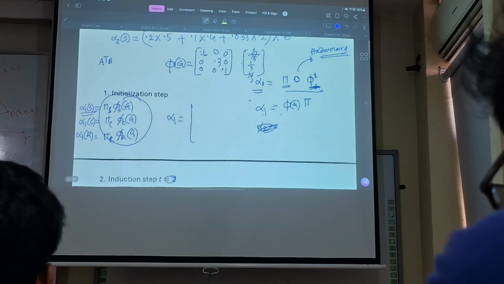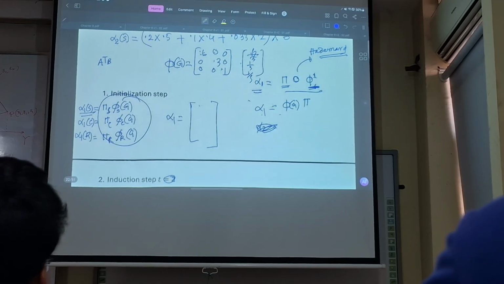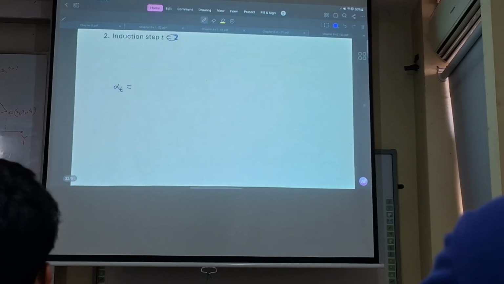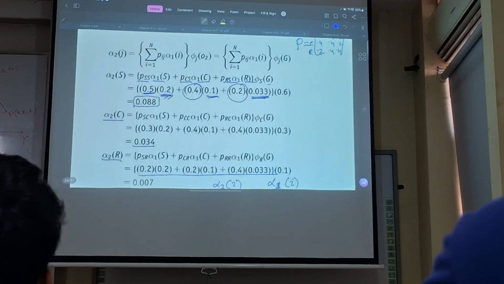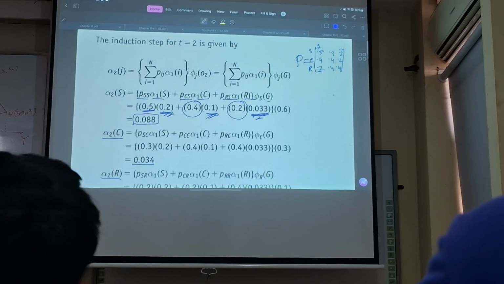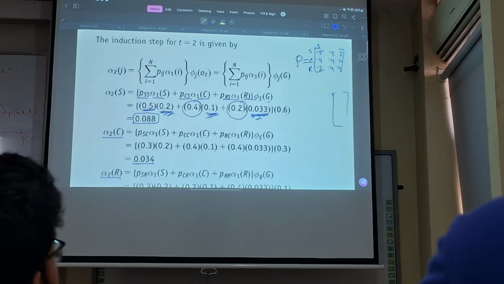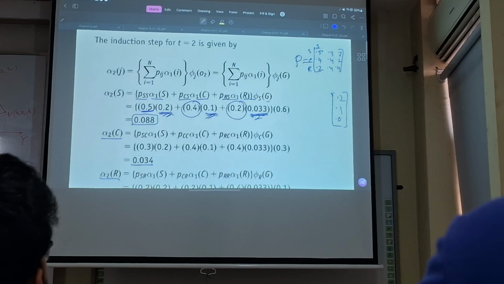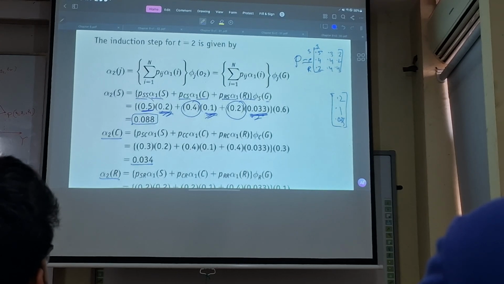Then the values will be what? 0.2, 0.1, and 0.033. Right? Now, this 0.2, 0.1, and 0.033 is a matrix. What matrix? And corresponding elements are multiplied with what?